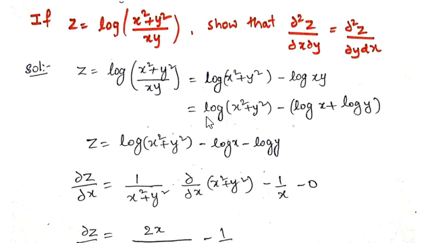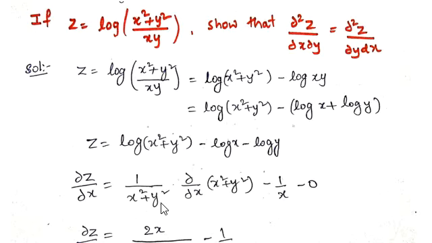So for this, if you are doing ∂z/∂x, means differentiating this z with respect to x, it's a partial differentiation with respect to x, so the other variables are treated as constant, that is y is treated as constant in this case. If you apply partial differentiation on the right side, it is in the form of log x, whose differentiation is 1 by x.